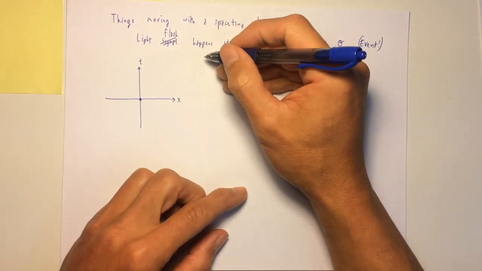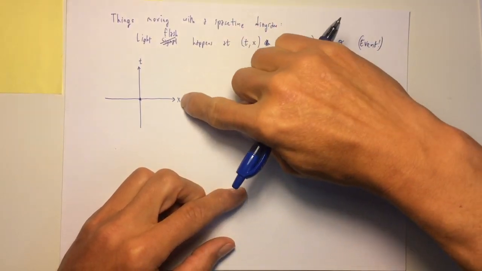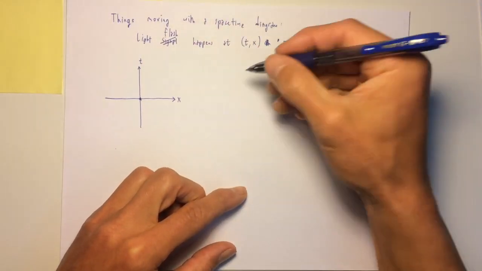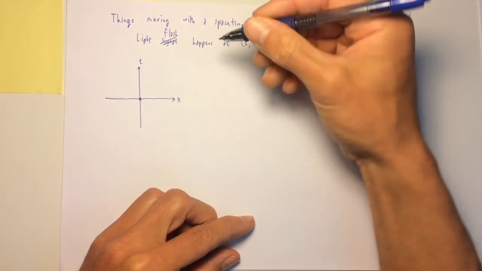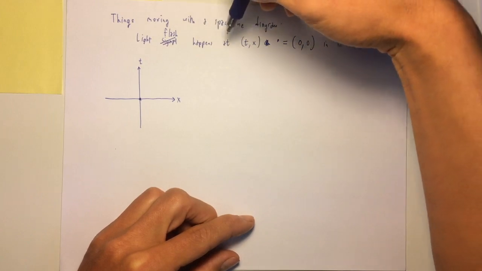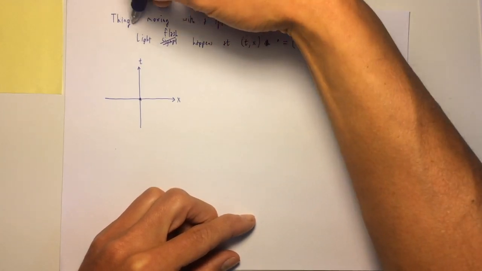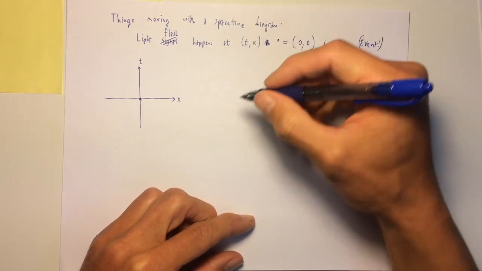But you know that space and time are going to be related by the speed of light. So in particular, we're talking about light traveling as one possible thing that moves in the space-time diagram.